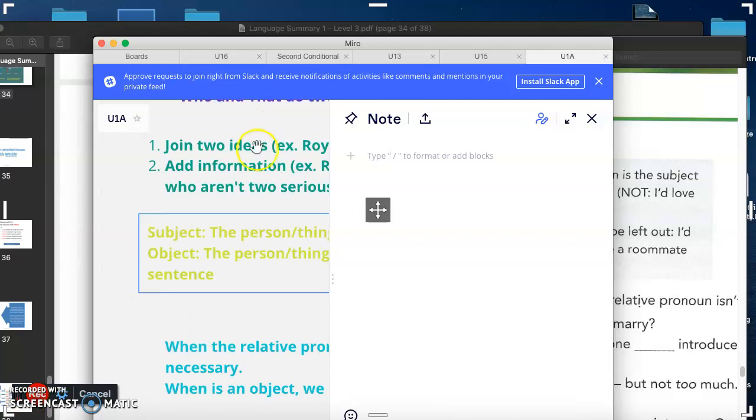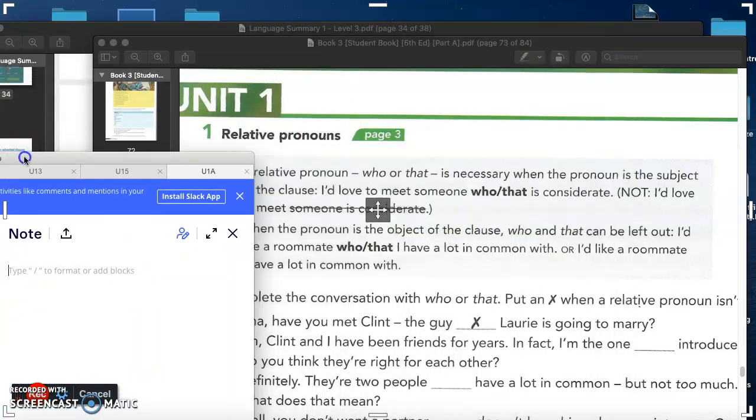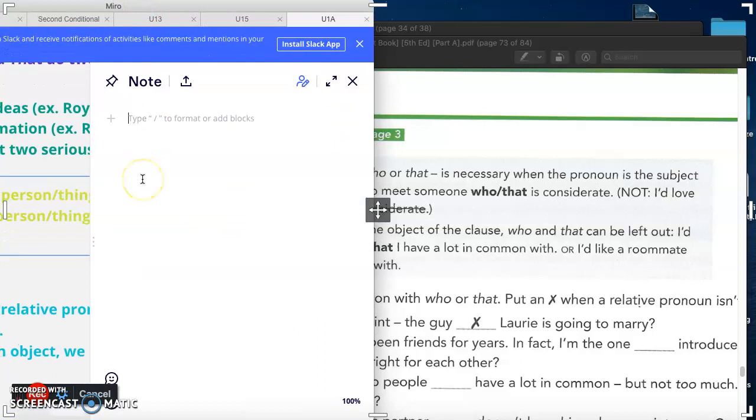Okay, so for example, if I go ahead and write this sentence, I would like to meet someone, and then I have is considerate. In here, we are going to be using who or that. We are going to be using the relative pronoun as a subject.